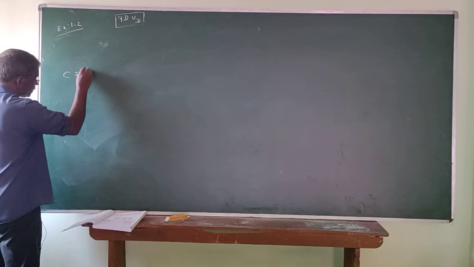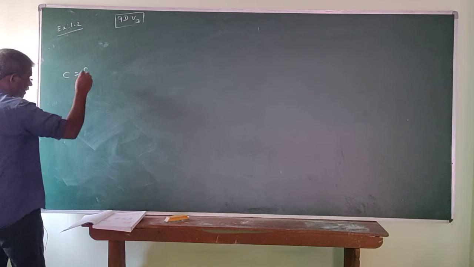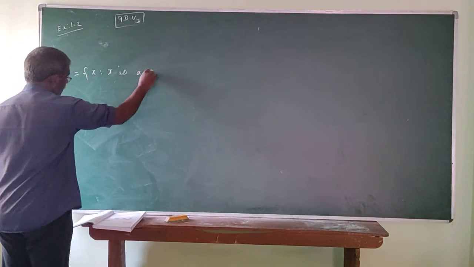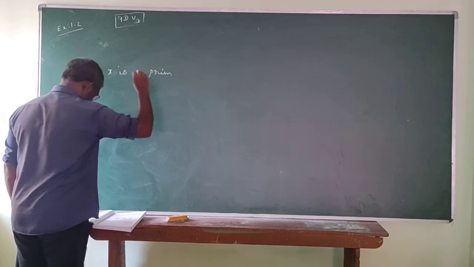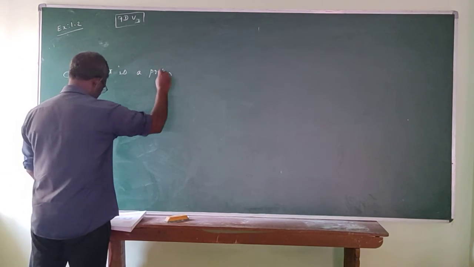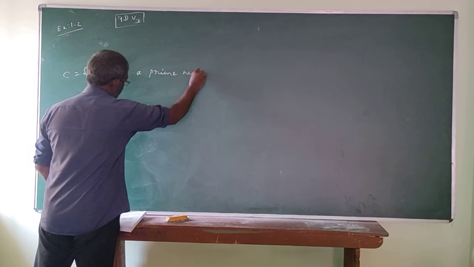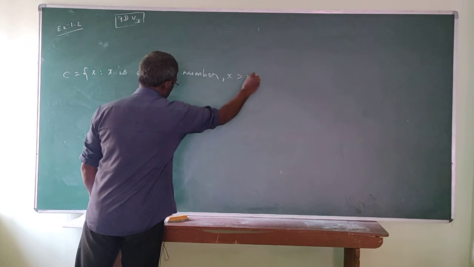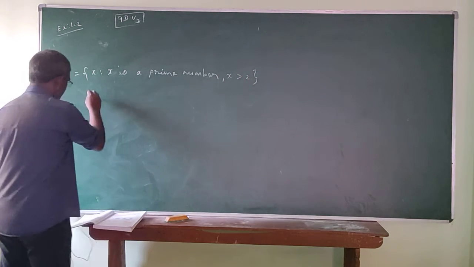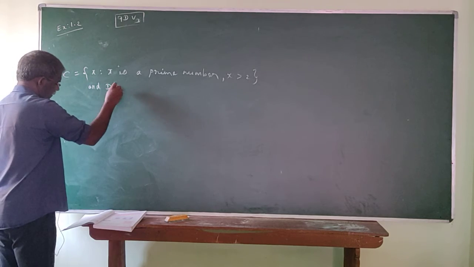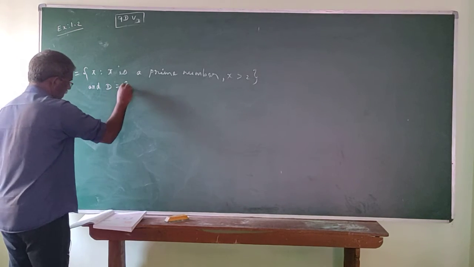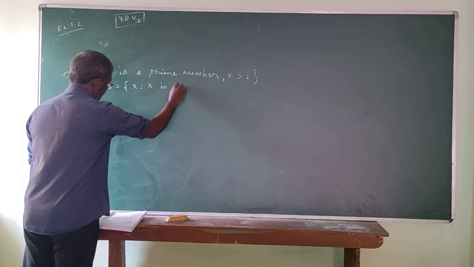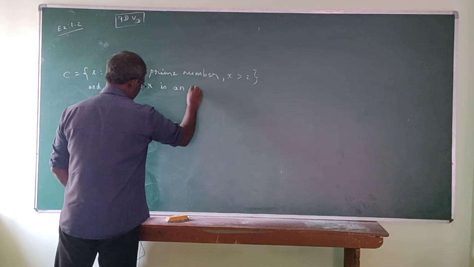C is equal to X such that X is a prime number, X greater than 2, and D is equal to X such that X is an even prime number.